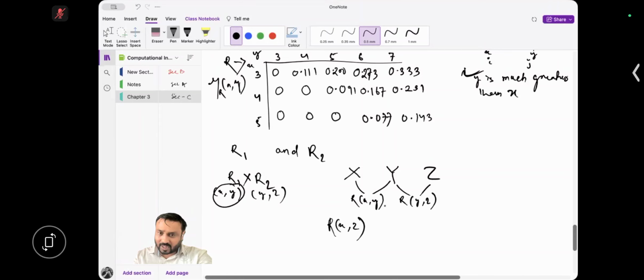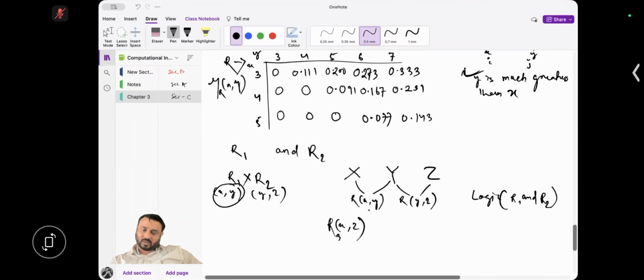How will I calculate? I will cross multiply or find the cross product, or some logic will be applied upon R1 and R2 so that I generate R3, which is a relation of XZ. Are you following this much?